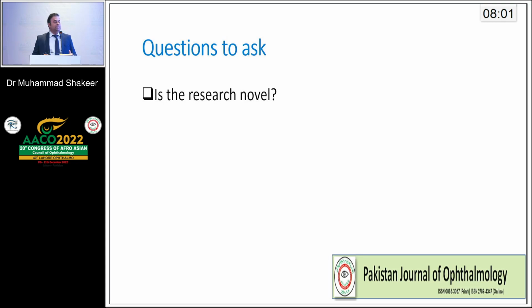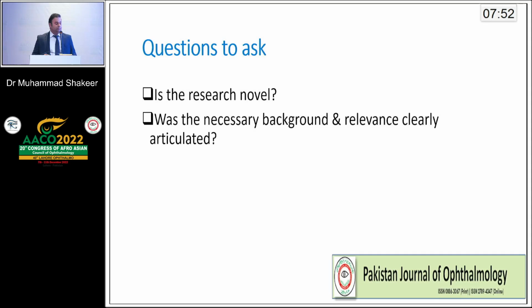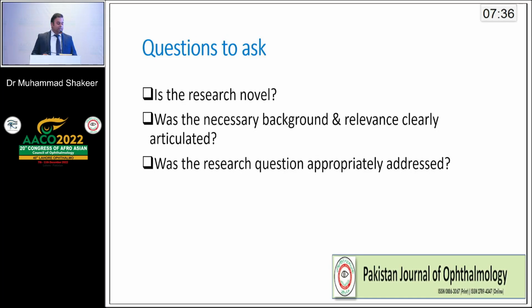Almost all of the times, authors provide a background of their research with references, but we have to assess whether these references are adequately cited, and whether they are relevant to the study topic. Next is an important question. Research question is the objective or title of the study, and the conclusion or the results are the answers to that research question.